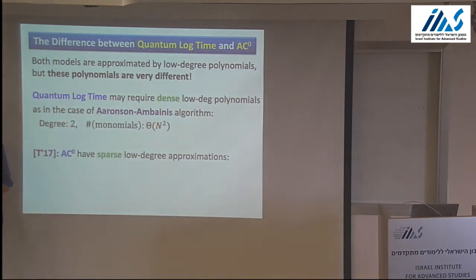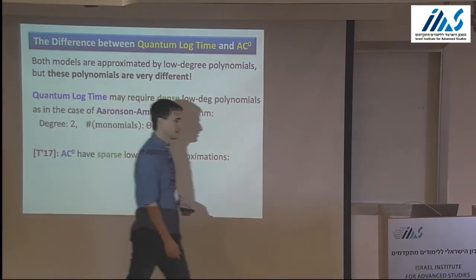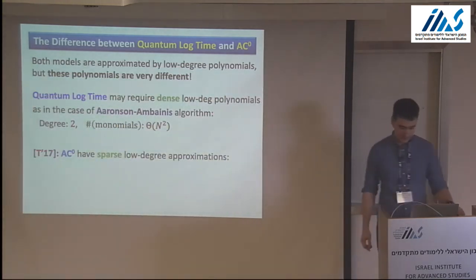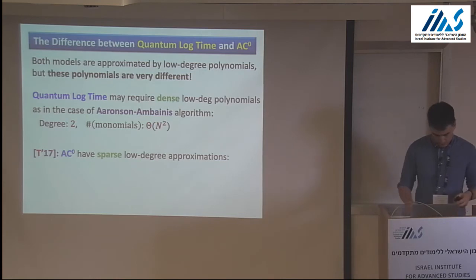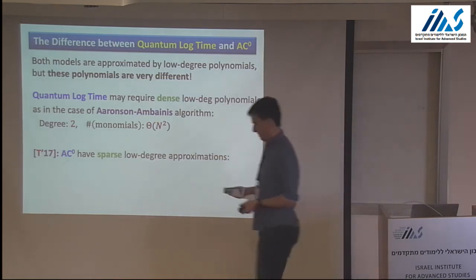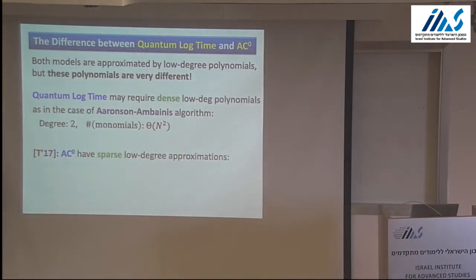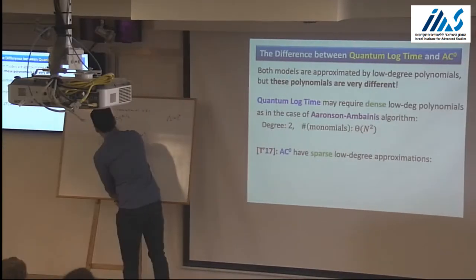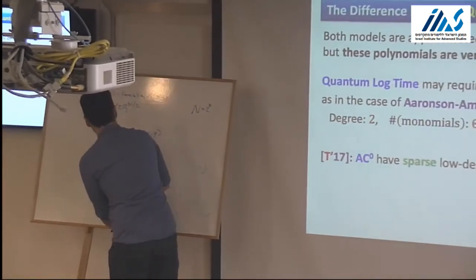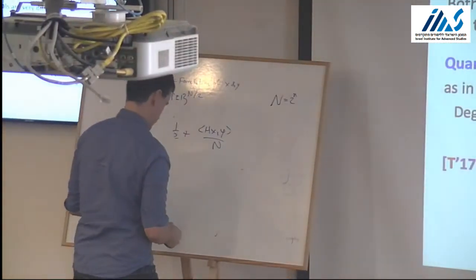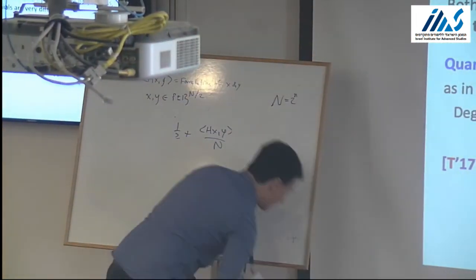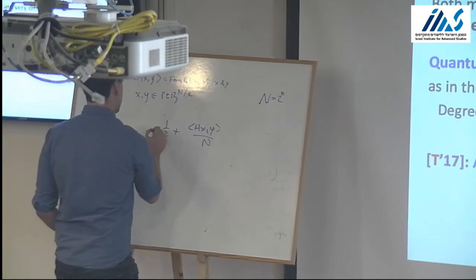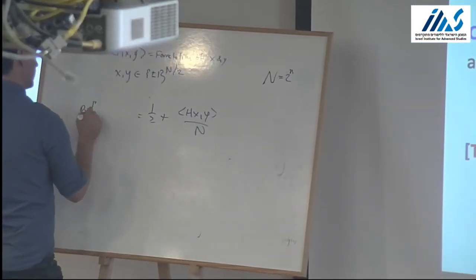So let's recall what the polynomial was. It's actually still written on the board. The polynomial was 1/2 plus the inner product. This was the acceptance probability of Q, right?